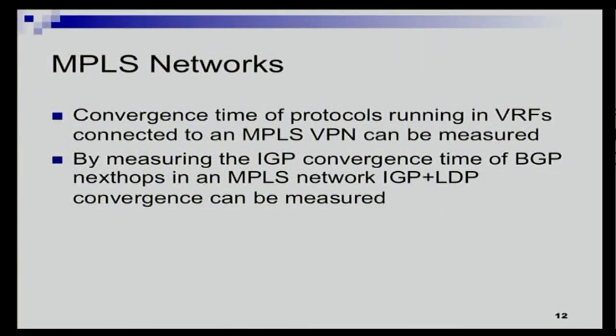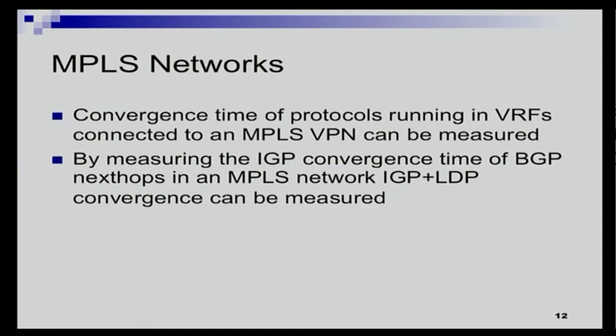If you're running an MPLS network, you can run these tests through a VPN. The measurement device could be connected to the VRF, to a VRF on a PE, and you can measure convergence of VPNs.